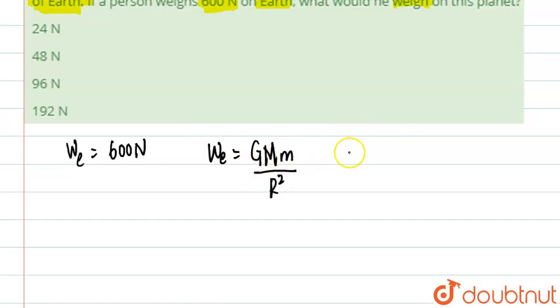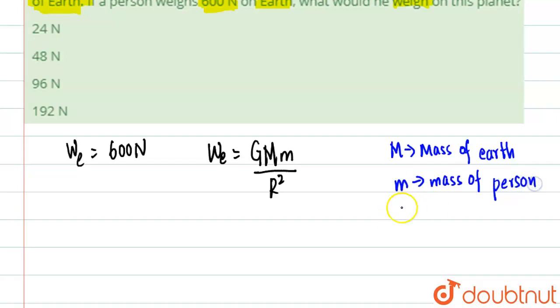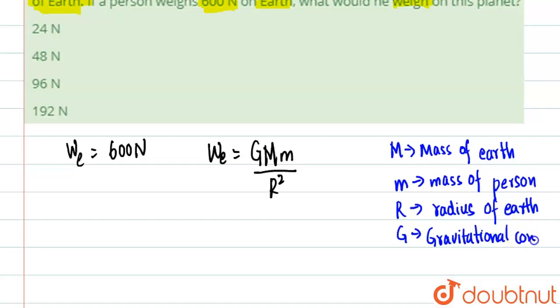Capital M is the mass of Earth, small m is the mass of the person, R is the radius of Earth, and G is the gravitational constant. These are the things that we have taken into account.